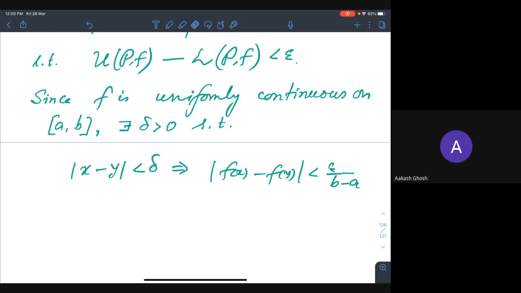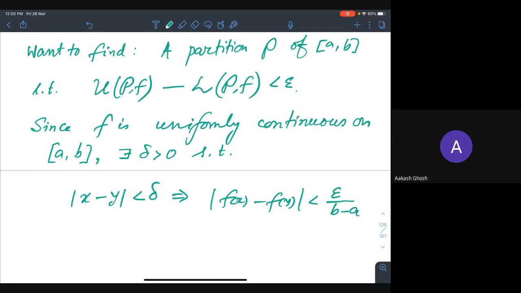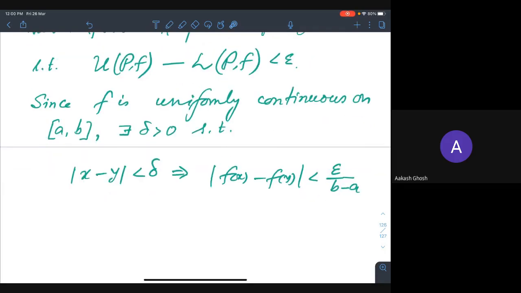All right. So epsilon by (b minus a) is to make this one epsilon, nothing else.